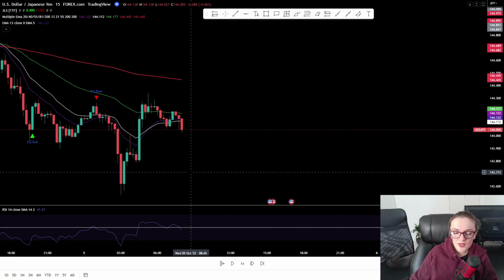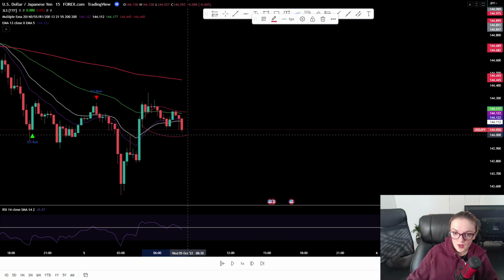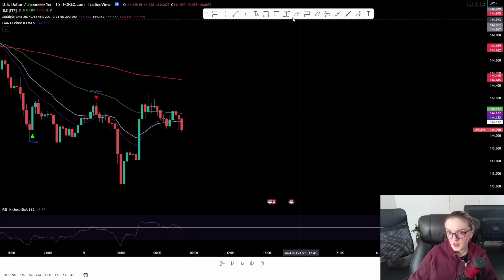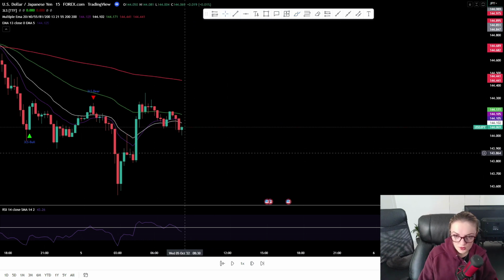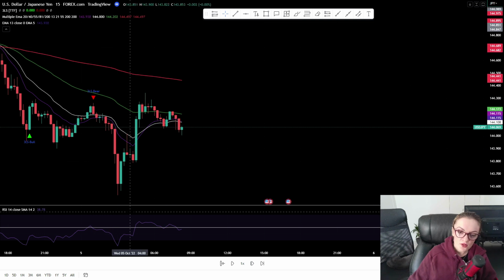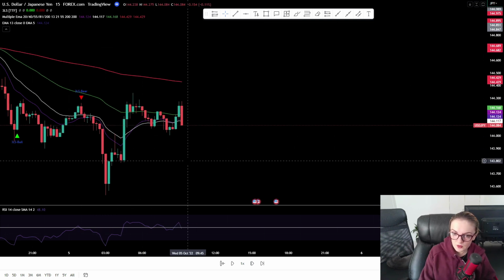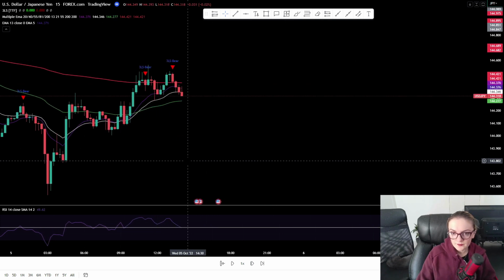I don't like these kinds of situations, because I don't consider that here we have a nicely established trend. No, it's quite a ranging situation, or maybe a reversal one, because we also have a V-shaped recovery here. So I maybe expect the price to go to the upside from now on. And this is what happened.